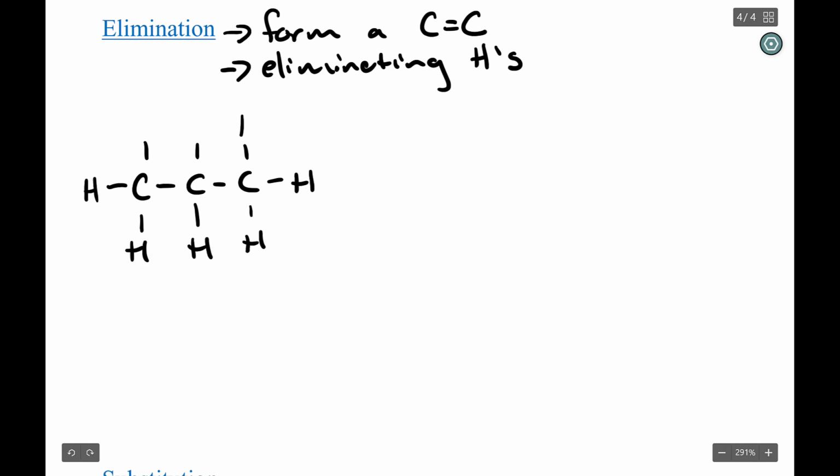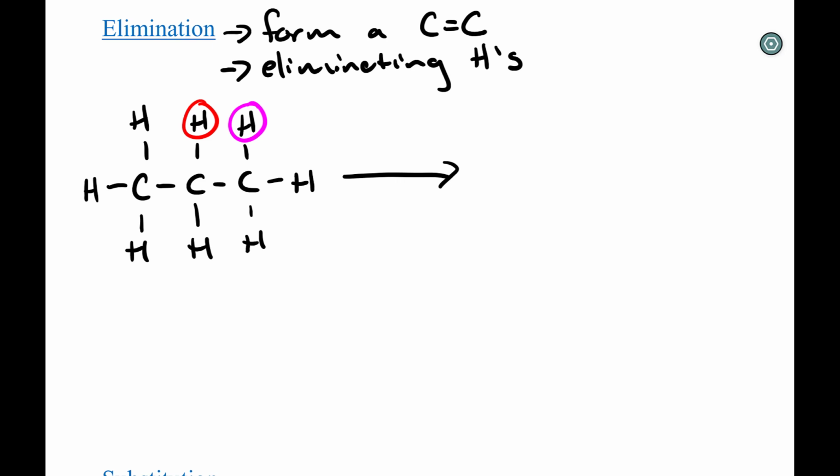This is generally done under really high pressure or with a catalyst, high heat. And what happens is 2 of the hydrogens, I'm going to circle this one and this one, on carbons which are beside each other, actually are removed from the alkane.